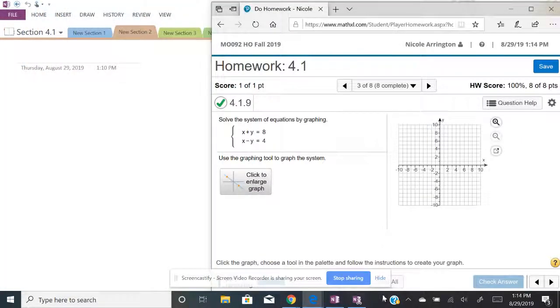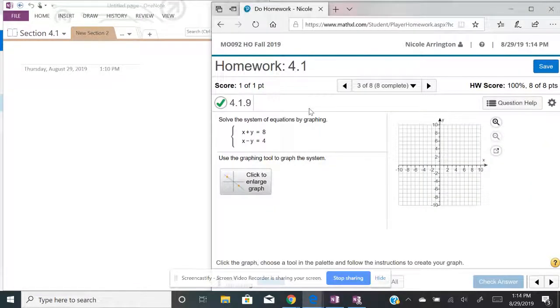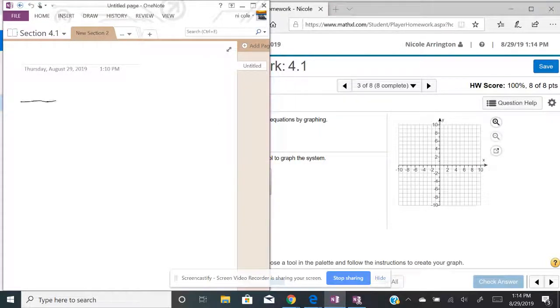All right, so the first problem I've got is x plus y equals 8 and x minus y equals 4. So I need to be able to graph that. I'm going to do my table for x plus y equals 8.